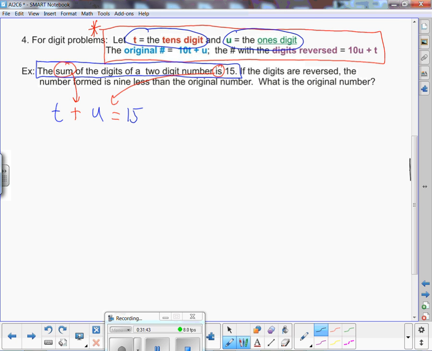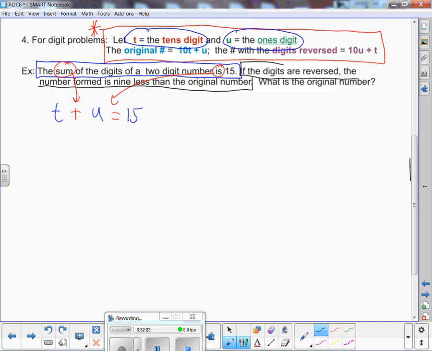Second equation. If the digits are reversed, the number formed is 9 less than the original. Okay, this is a comparison here.